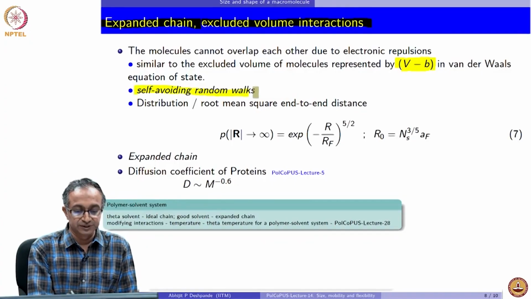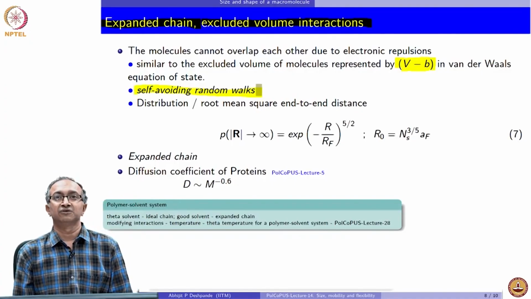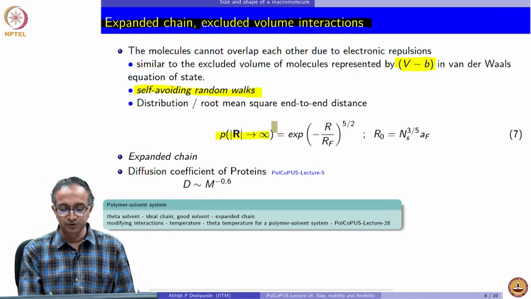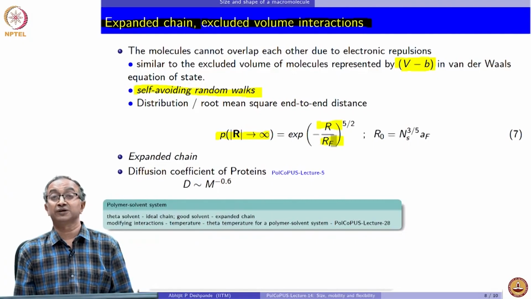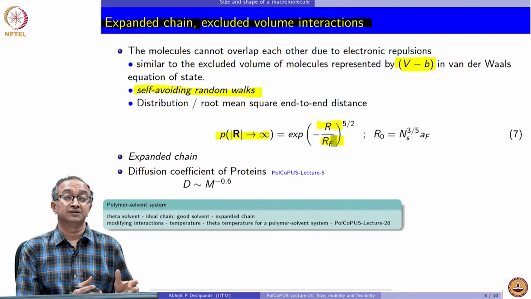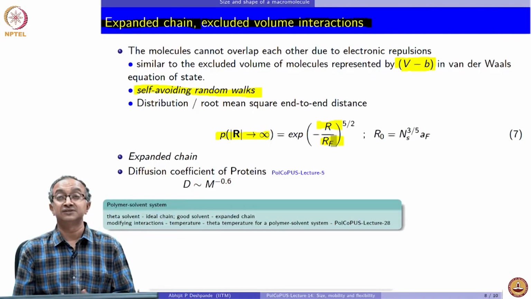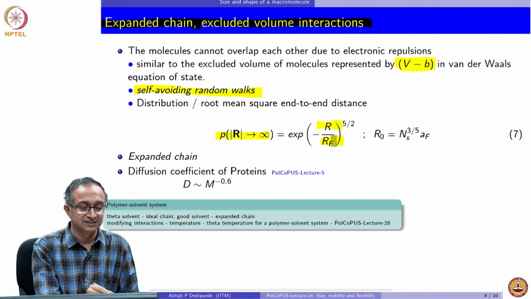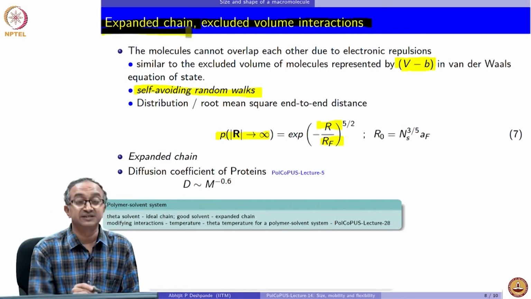The theory to describe these kinds of chains is the random walk, the self-avoiding random walk, and the distribution in this case is different compared to Gaussian. As an exercise, you could plot the Gaussian distribution and this distribution and see how much is the difference and why this chain is called an expanded chain.